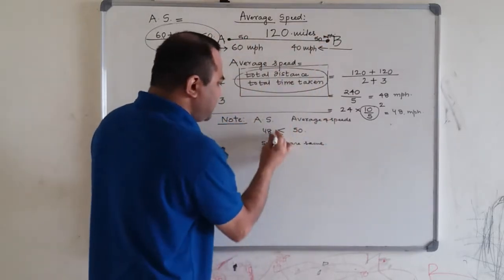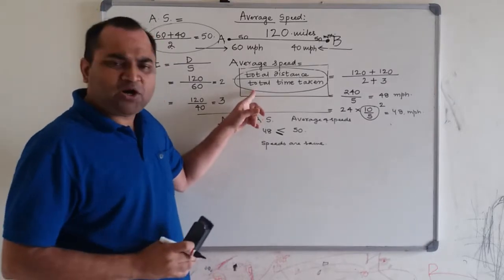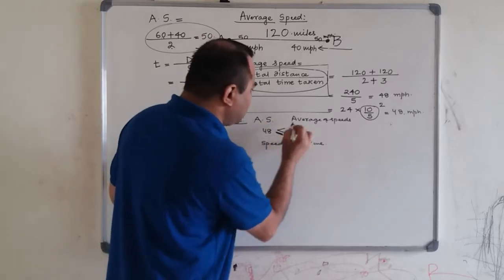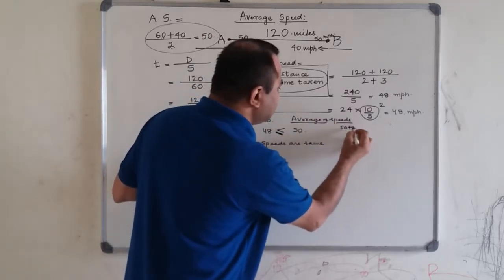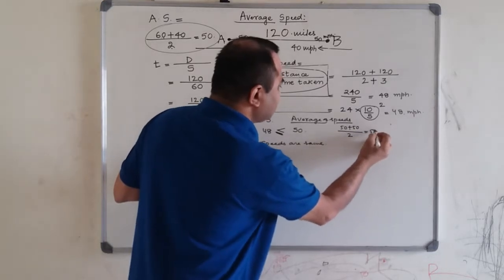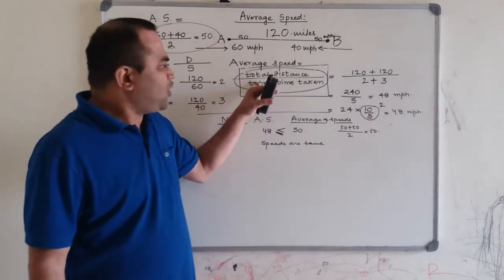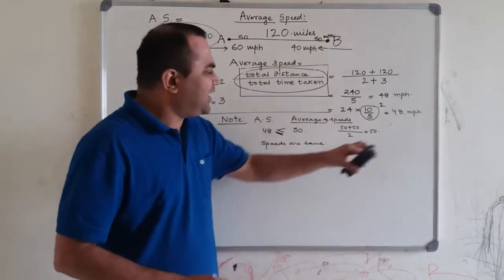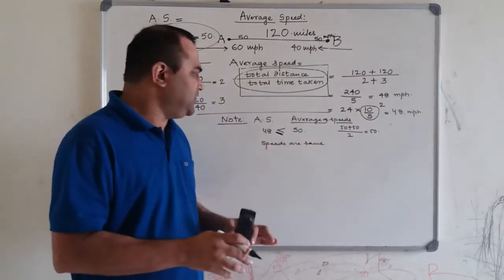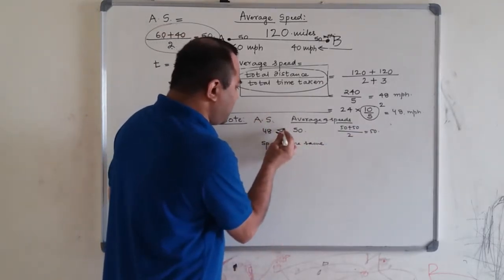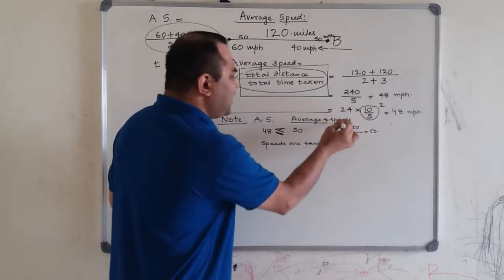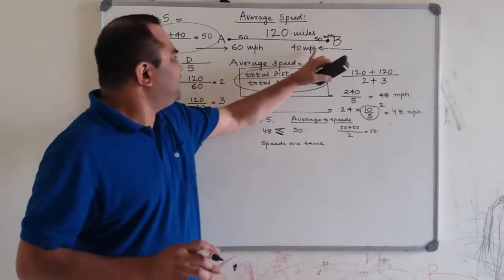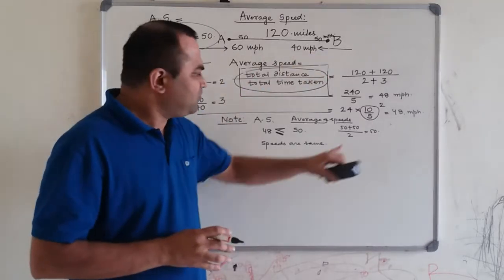Since the speeds are the same, if you apply this formula to find average speed, you would check that average speed would be equal to average of the speeds, which is 50 each. Apply the proper formula to find average speed, you will see average speed would be 50. And statistical average also would be 50. So average speed would be always either less than or equal to average of the speeds. Less than it will be when the speeds are different, and equal to it will be when the speeds to and fro are the same.